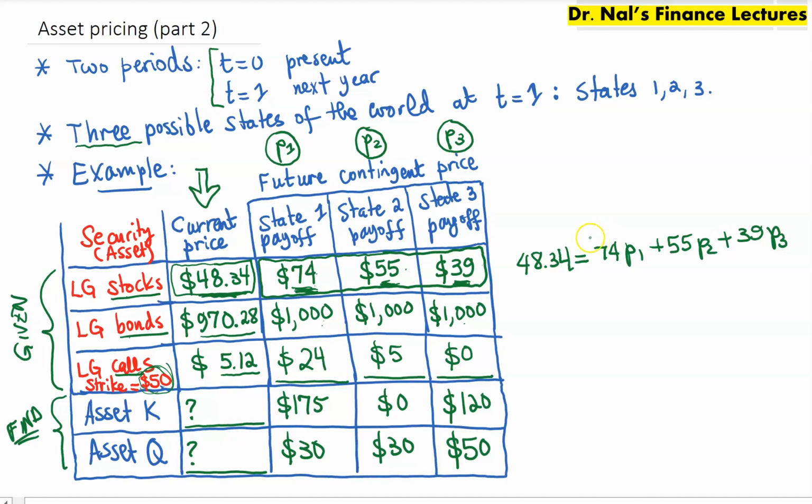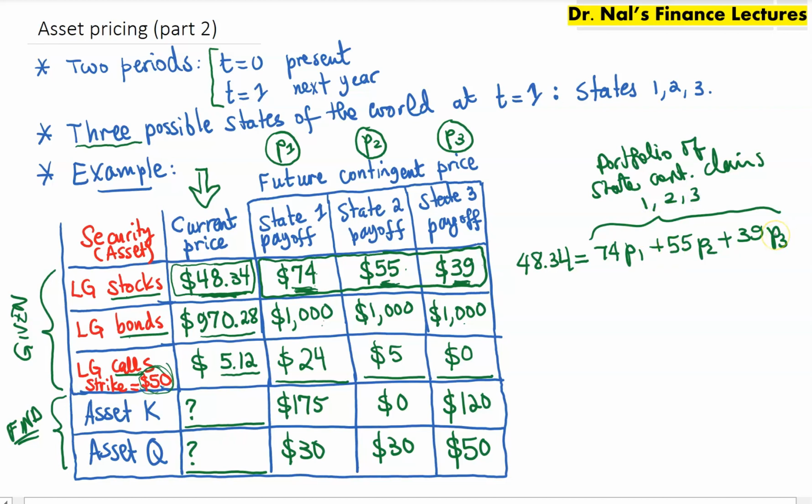So this is a portfolio of state contingent claims 1, 2, 3. Let's see if this replicates our stock.